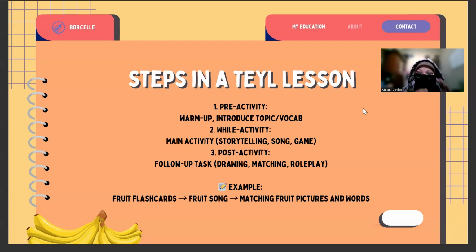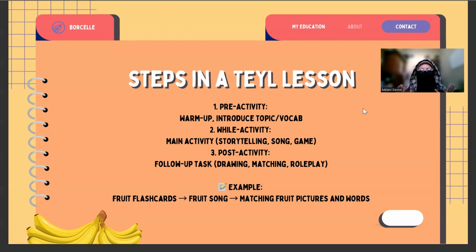Okay. And next are the steps in a TEYL lesson. A well-structured lesson usually follows three stages, right? Pre-activity, while-activity, and post-activity. In the pre-activity, we prepare students through questions or warm-up games to introduce and begin in a fun way. The while-activity is where the main learning happens, such as through storytelling or role play. The last is the post-activity, where students reflect and apply what they have learned through a creative task.